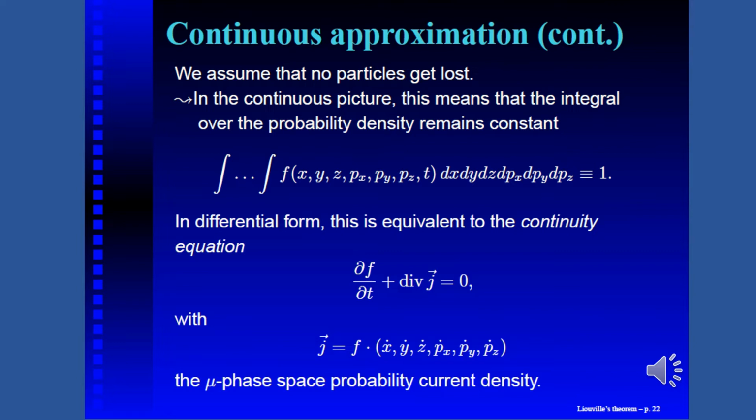In differential form, this is equivalent to the continuity equation: partial f over partial t plus divergence of j is equal to 0. j is equal to f times x dot, y dot, z dot, px dot, py dot and pz dot, the mu phase space probability current density.